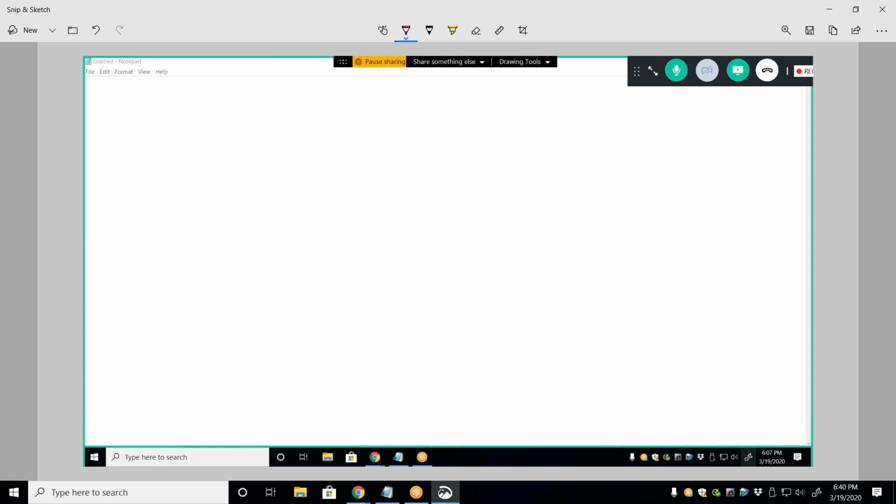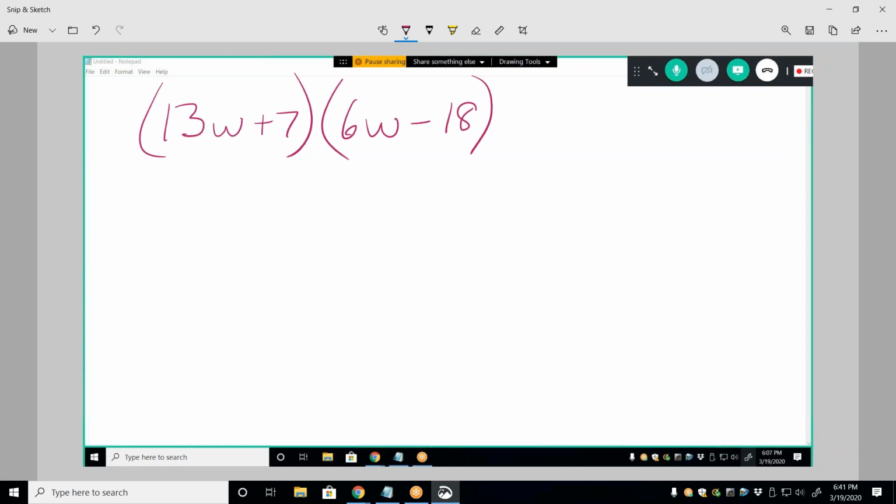All right, so the next problem a little further down the list, it just says solve. Okay. So it's left paren 13w plus 7, right paren, left paren 6w minus 18 right paren equals 0. When two things are multiplied together, that being thing number one, that being thing number two, and they're equal to 0, what has to be true?